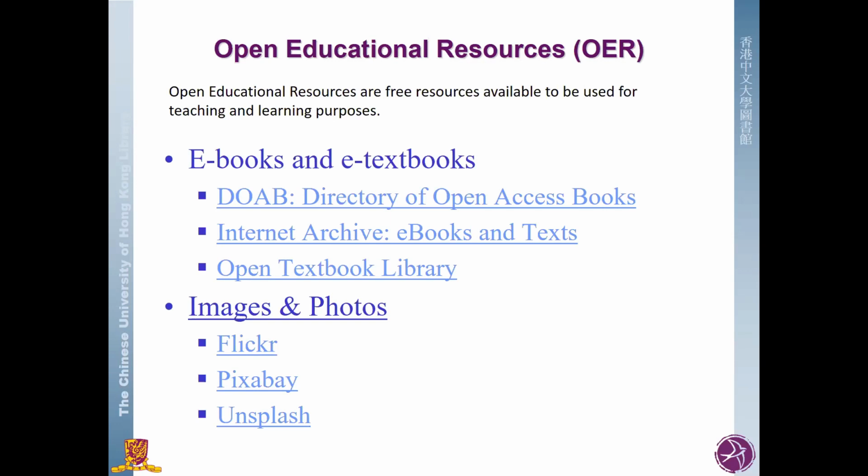So maybe we can go to the Directory of Open Access Books, Internet Archive ebooks and texts, or Open Textbook Library. We can search for the textbook we are looking for. If we want to find images and photos for our assignments and research, then maybe we can go to Flickr, Pixabay and Unsplash. We can have a look at the images we can use and reuse.